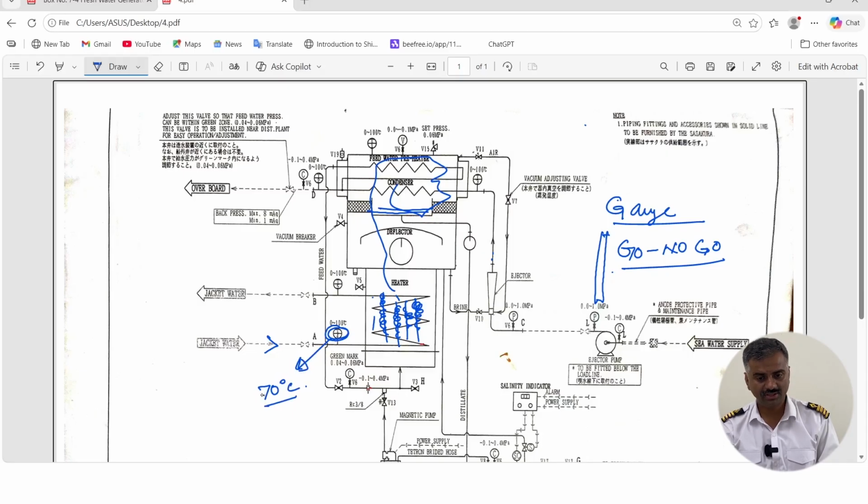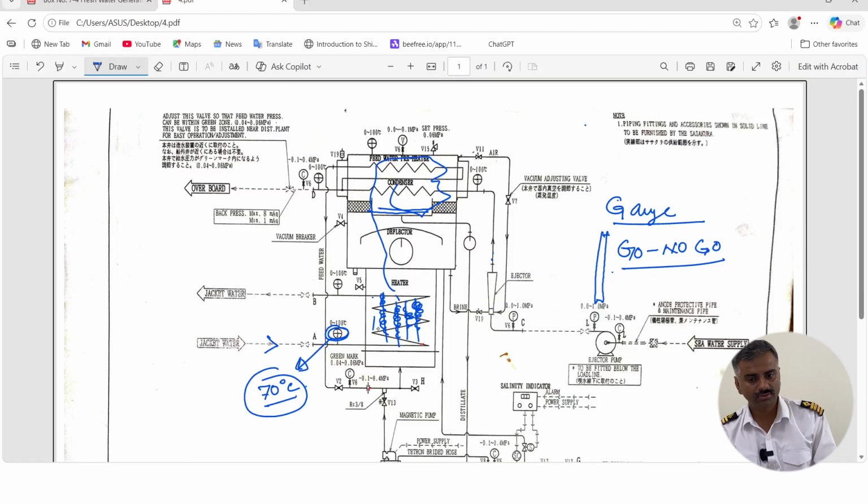So if it is showing say 70, that is a low jacket water temperature. If water at this temperature is going inside, will it be sufficient to heat the seawater or the feed water? No. So the feed water will not be heated up properly. If the heat exchange is not proper, steam generation is not proper, and scaling will take place.